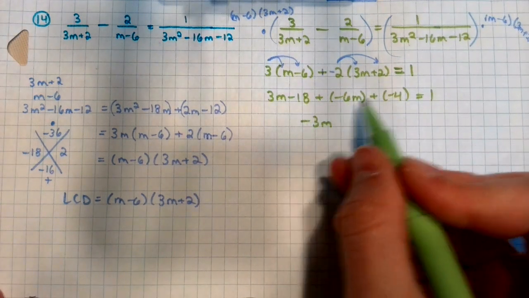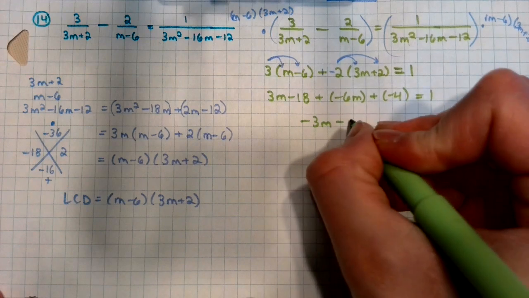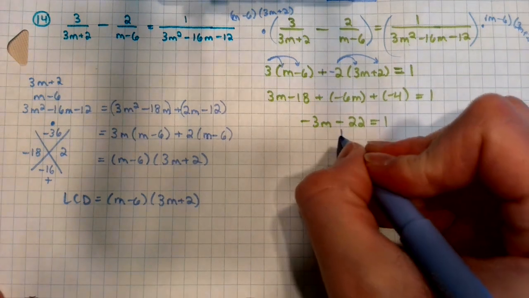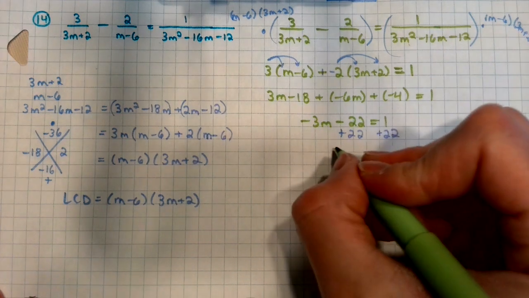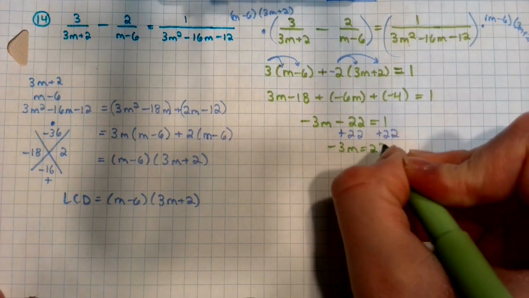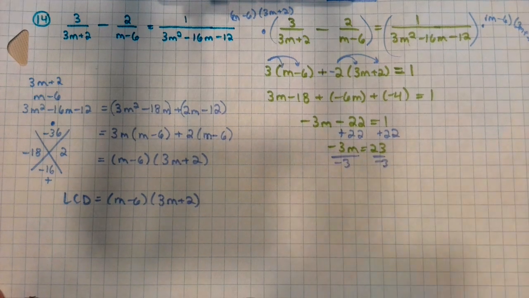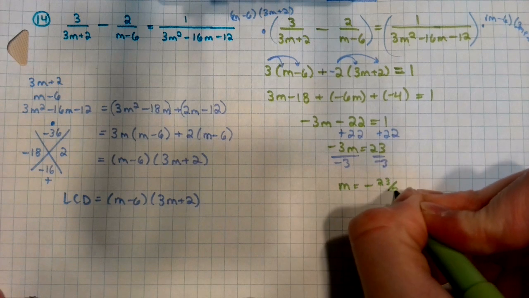And then negative 18 plus negative 4, that would make negative 22, so you could either write plus negative or just minus 22 equals 1. And then now we're going to solve this by adding 22 to both sides. We'd have negative 3m equals 23. Divide both sides by negative 3. We get m equals negative 23 over 3.